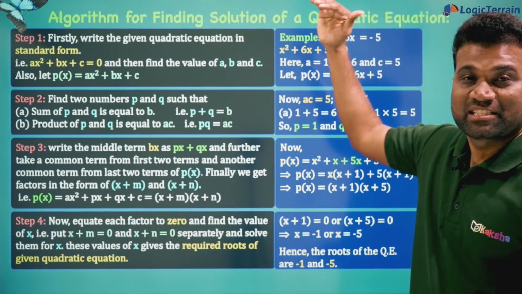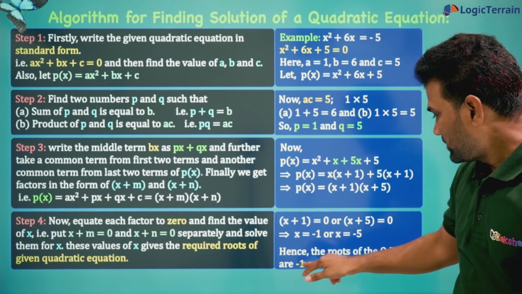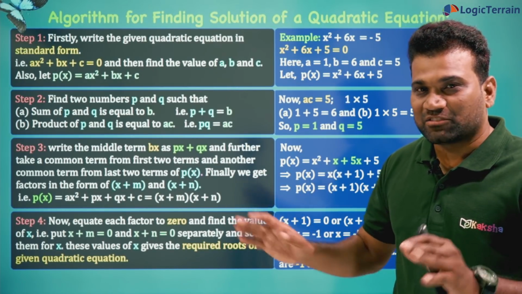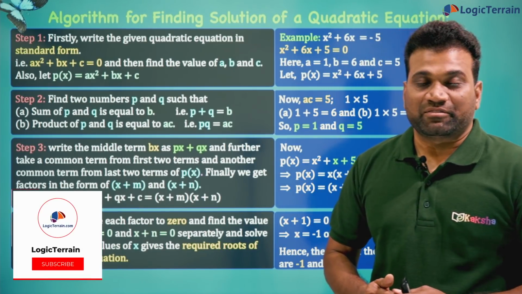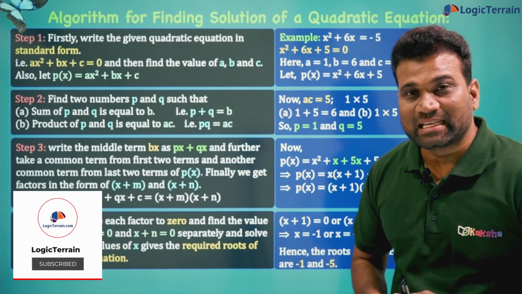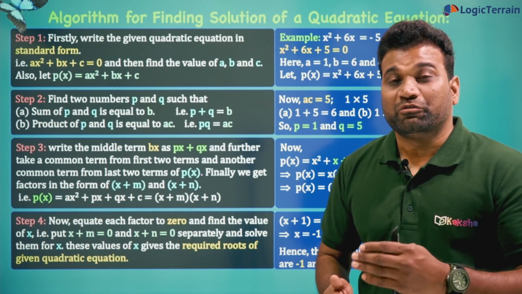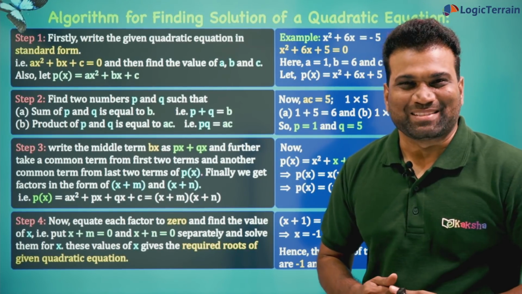So that equation is the same as this equation, and how we got the roots you can see here. Clear? In this way we will find solutions or roots of a given quadratic equation by the factorizing method. Now for better understanding, we'll discuss a few more examples, right?